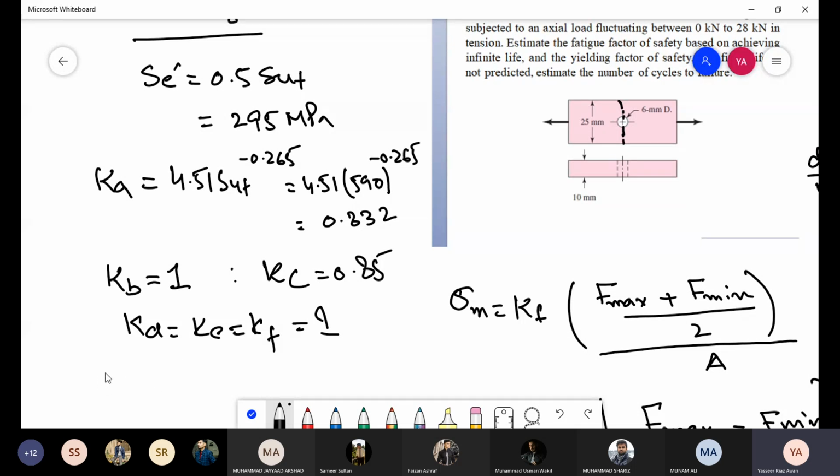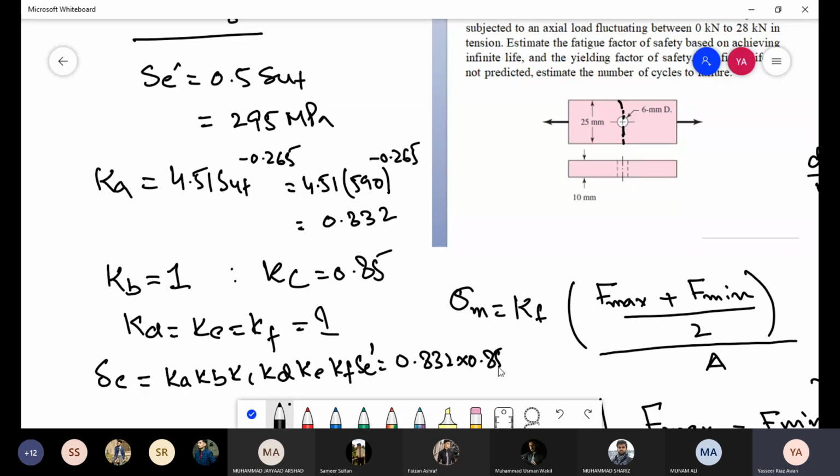So that gives us the actual endurance limit as 0.83 into 0.85 into 295. So that would give you the actual endurance limit of 208.6 megapascal.